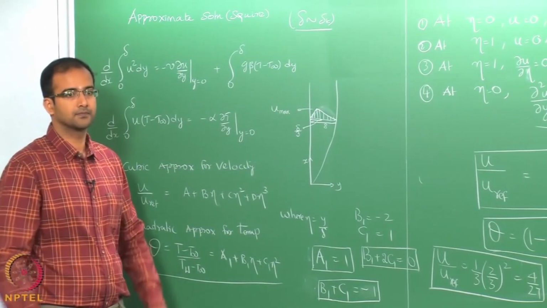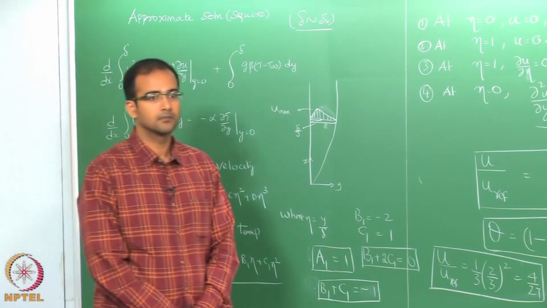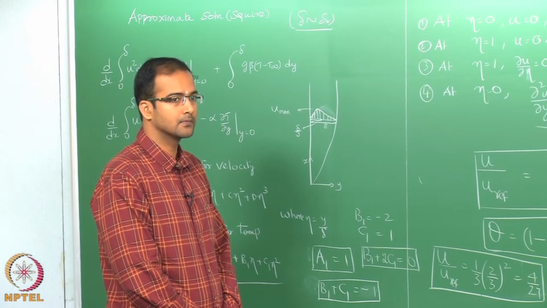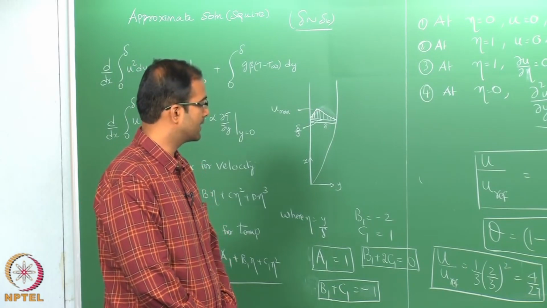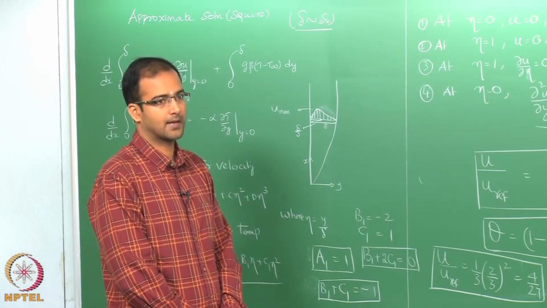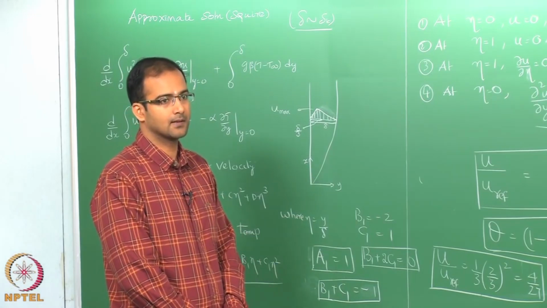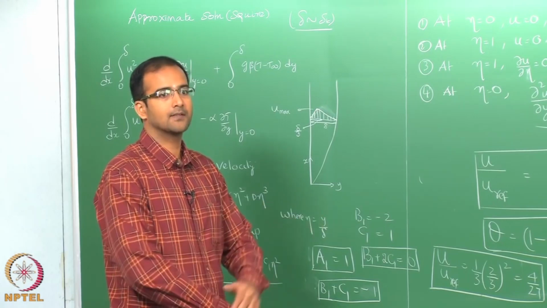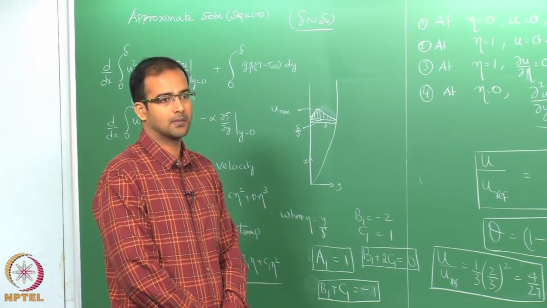Why can't we take u by u reference equal to 1 at the maximum? Well, we do not know what this reference is, in the beginning it could be anything. Now from the profile you are getting the exact value of the maxima.